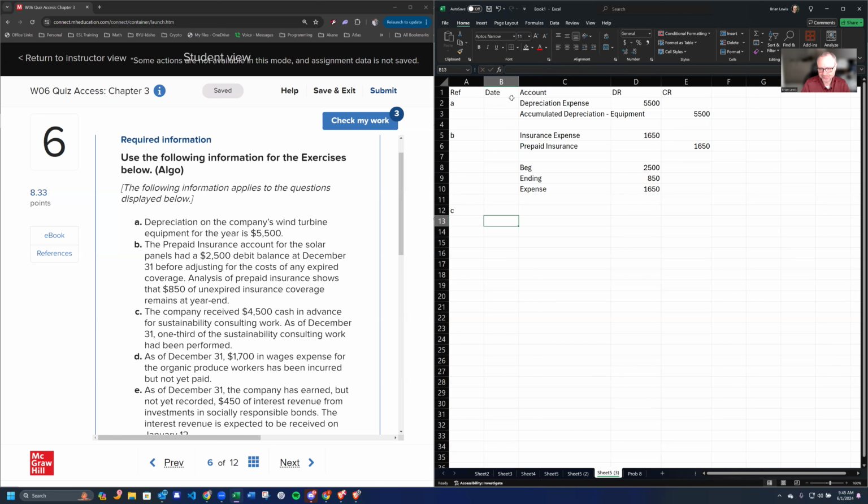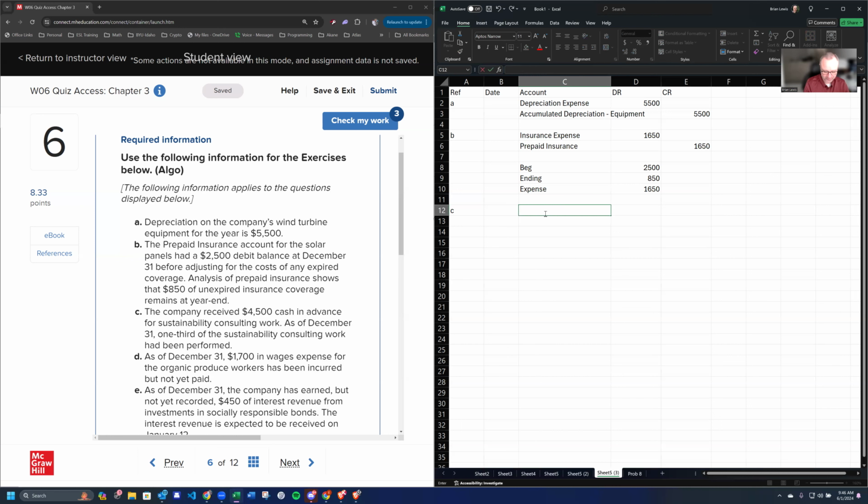C, the company received $4,500 cash in advance for sustainability consulting work. As of December 31st, 1/3 of the sustainability consulting work had been performed. Okay, so this one we can do right in line. So let's do services revenue, but it's not services revenue first.